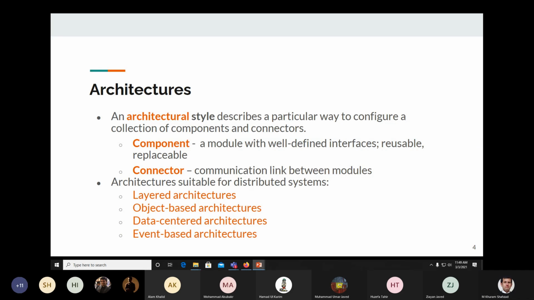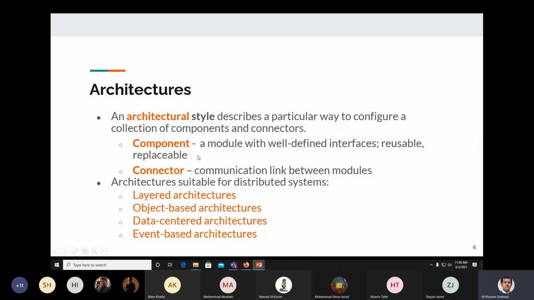An example of layered architecture, very common in the networking domain, is the one most popular when we talk about IP communication, the OSI layer model. And then there is the object-based architecture, in which communication is through objects. We will study these things later on as well.